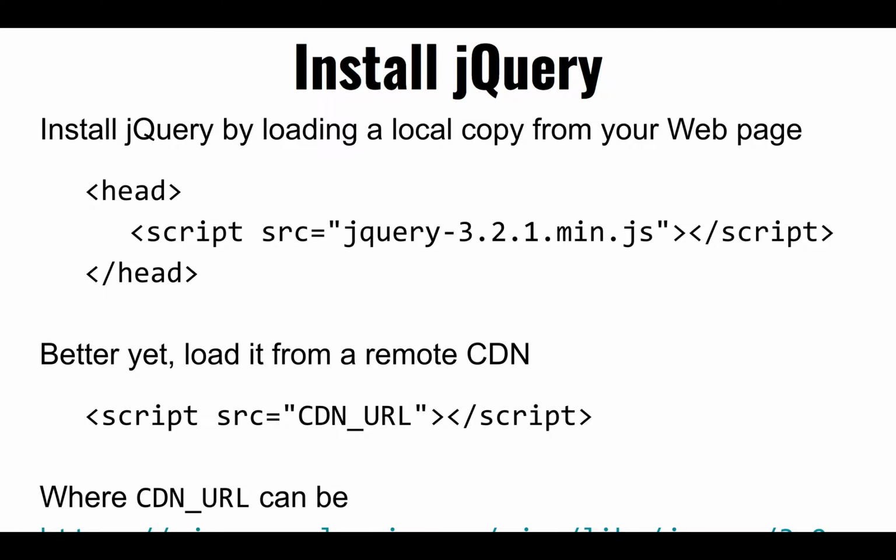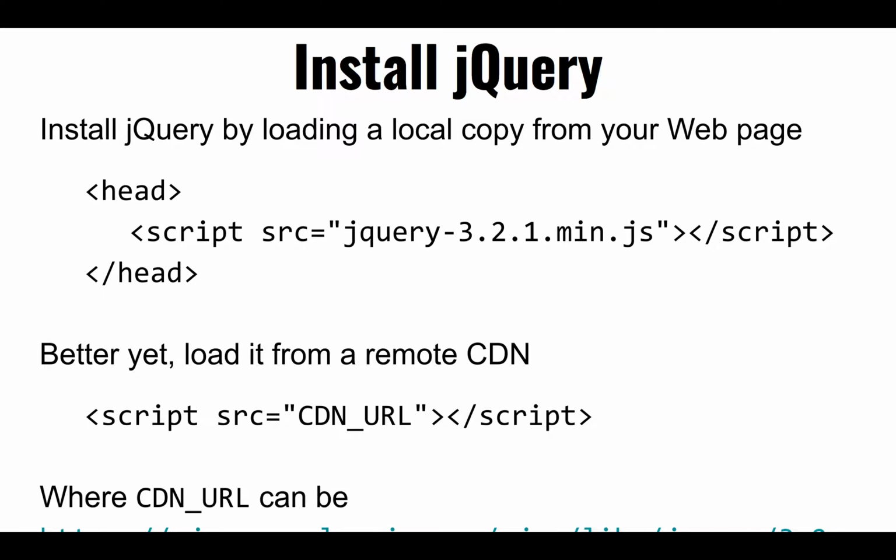To bring jQuery into your page is fairly simple. You can either download the JavaScript file onto your local machine, or you can point to the CDN. Pointing to the CDN is the preferred way when you're going into production, but for development purposes, it's a good idea to have a local copy of the file on your machine.